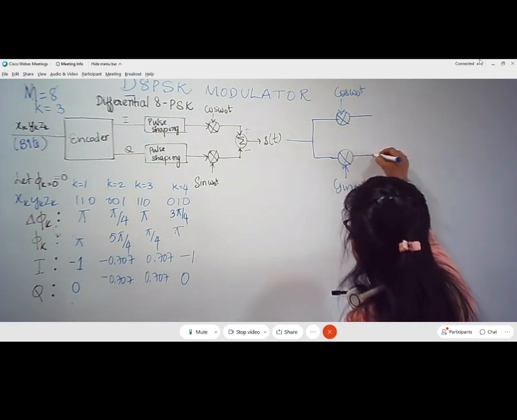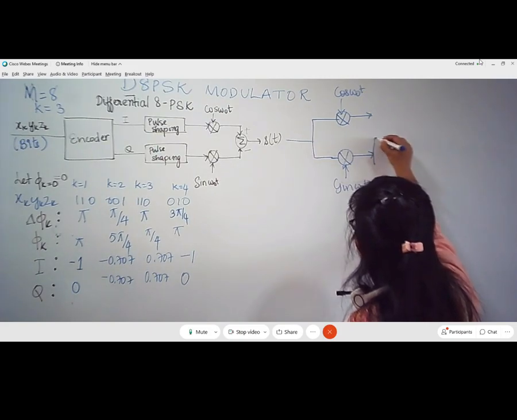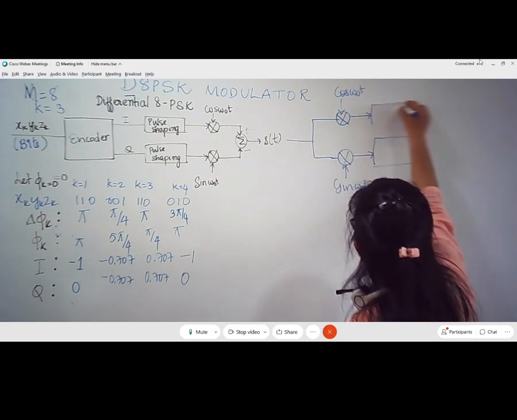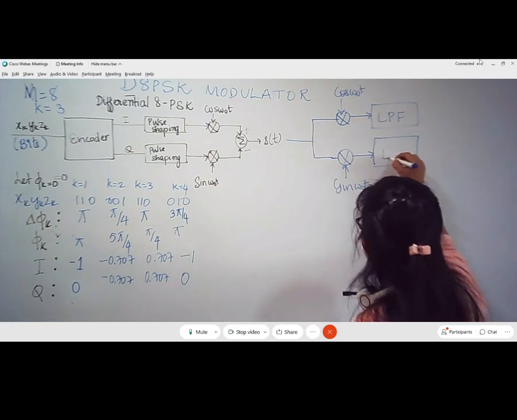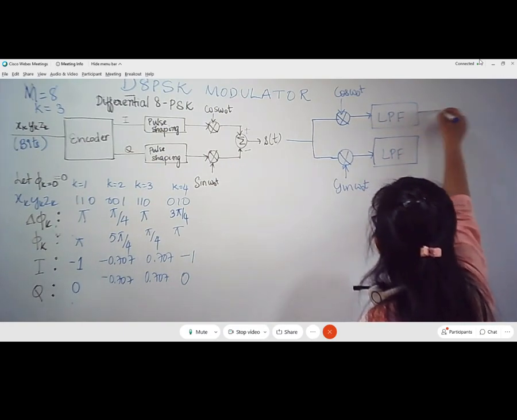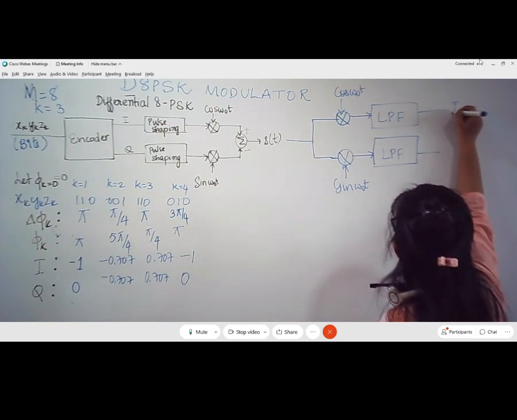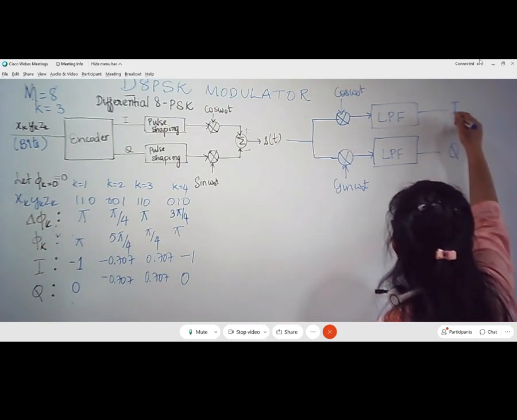You multiply, then pass these individual outputs through an LPF, that is a low pass filter. Then we obtain the reconstructed I value and Q value.